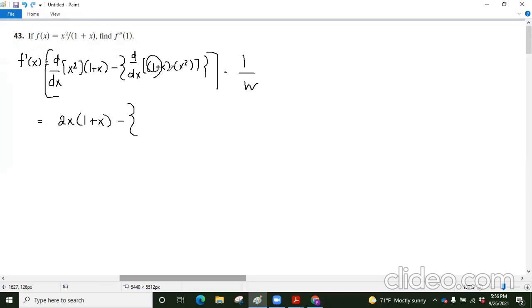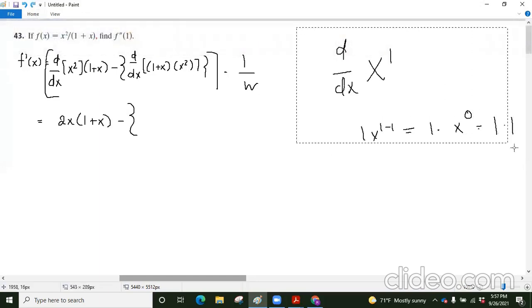So take the derivative: the derivative of a constant is just 0, the derivative of x is just 1, because you have x to the power of 1. If you drop that 1 down, you get 1 times x to the 0, you decrement the power, and x to the 0 is just 1, so it's 1 times 1. That's why the derivative of x is just 1.